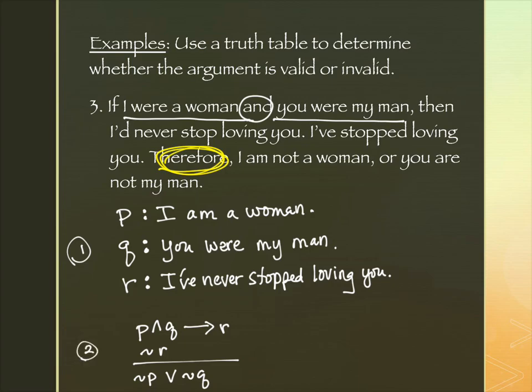So the way it works is always the same. We take all of this and we join it with and. So we've got P and Q implies R, all of that and tilde R, joined together with an and. That's everything that I circled in yellow.